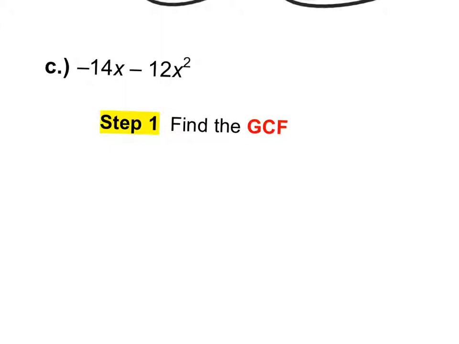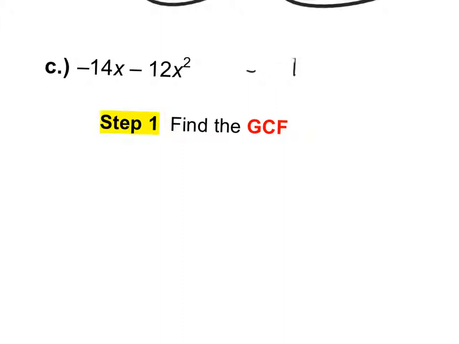Factor out the GCF. Well, looking at negative 14x and negative 12x squared, negative 14x is negative 2 times 7, or 7 times negative 2. And then we have to remember that a negative number, really, negative 1 is one of the factors.